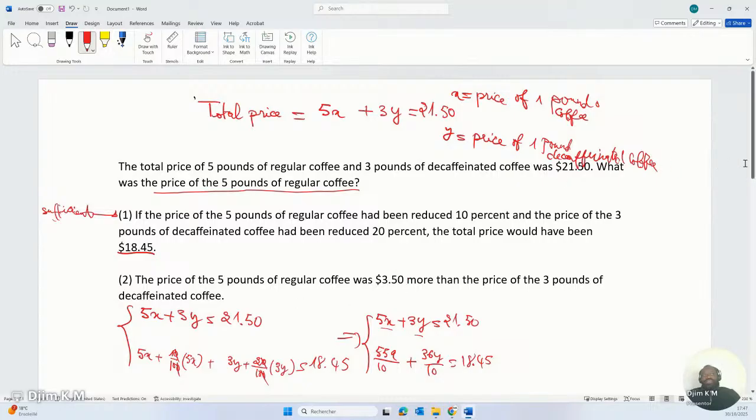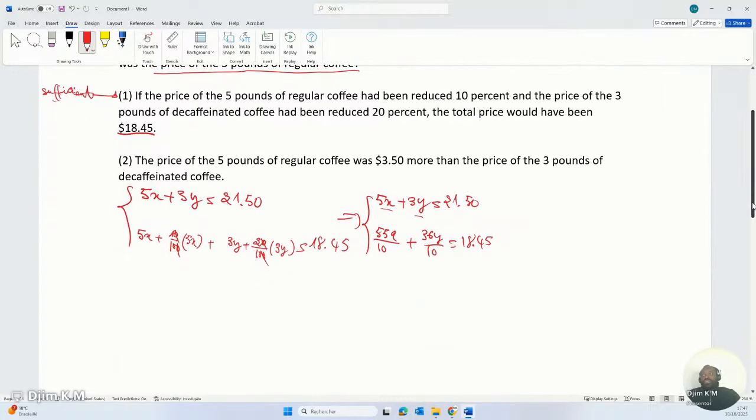The second condition says the price of 5 pounds of regular coffee was 3.50 more than the price of 3 pounds.